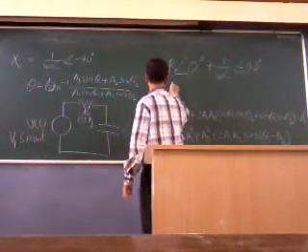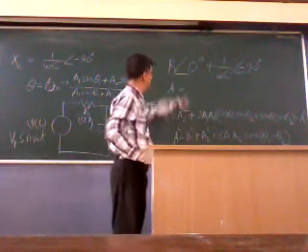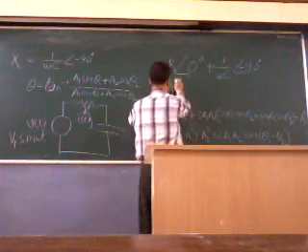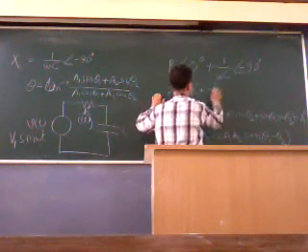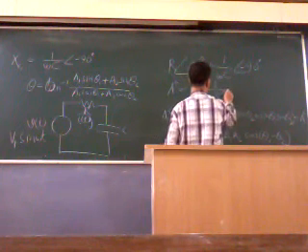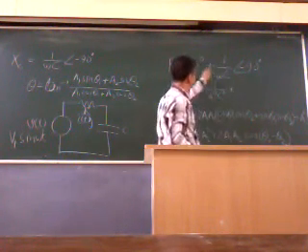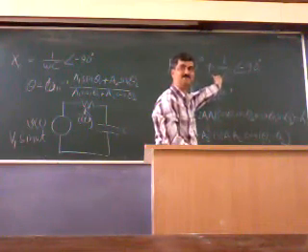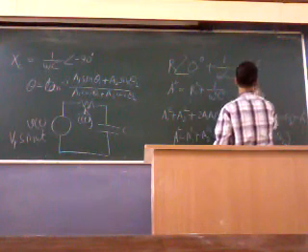What is A? A square is equal to R square plus 1 upon omega square C square, since the difference is 90.